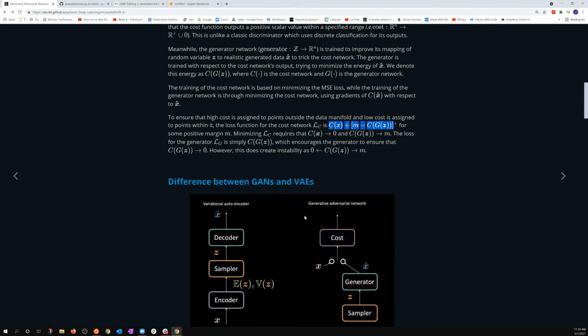So 1 is the margin with which you can have that space to put in a gap in which you have the X and the X hat. So this margin is the main thing here.